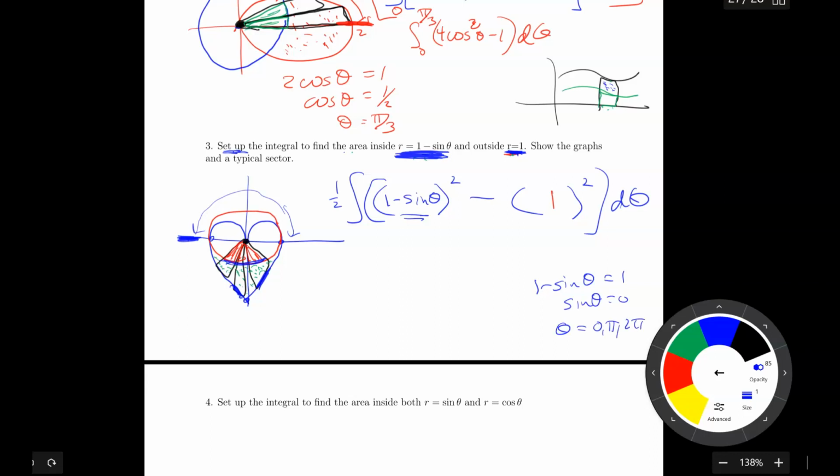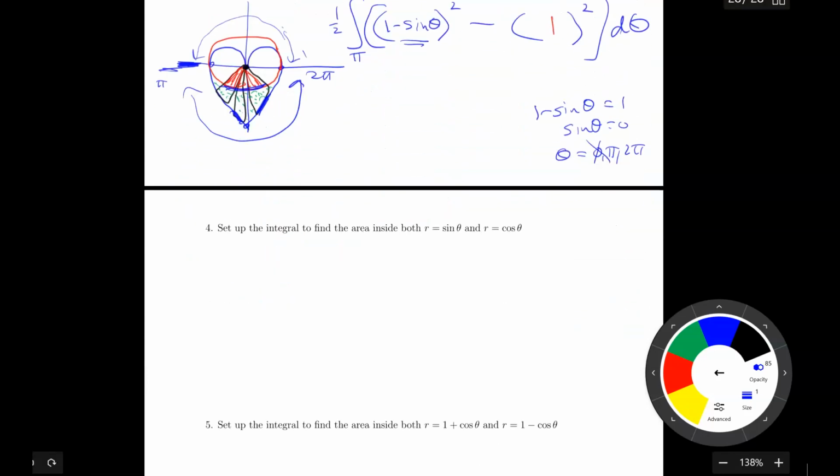So 0 to pi, there's no sectors up here, so we can't use 0 to pi. I'm going to start here at pi and swing all the way over here to 2 pi. So pi to 2 pi, because of context, looking at the angles of where the shaded area is, pi to 2 pi is where I'm taking the area.